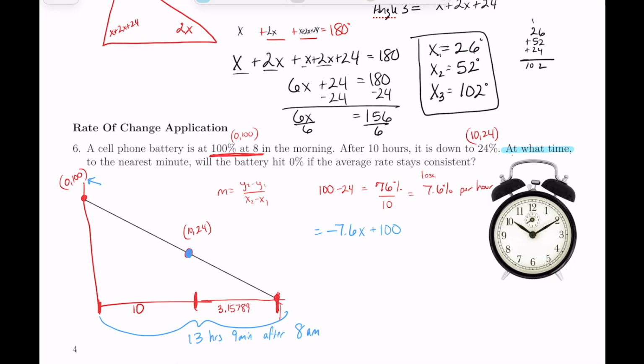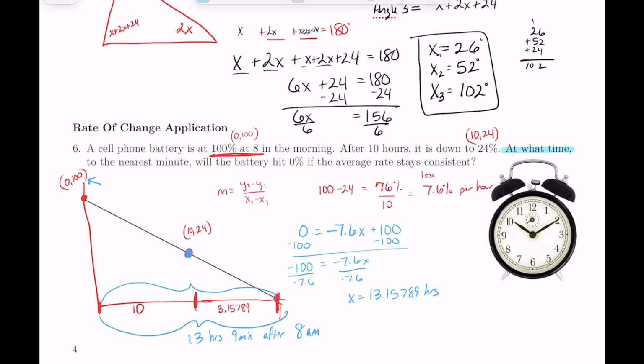So we can put 0 in for the y value. And then this really is the same type of problem. We're just starting from 100 instead of starting from 24 percentage points. When I divide both sides by negative 7.6, I get x is equal to 13.15789 hours after the start, which is what we had here as well.